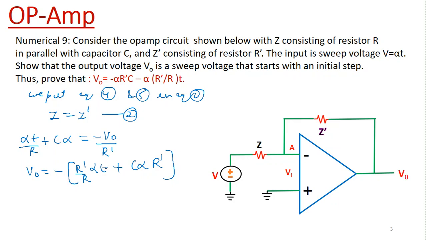Now we move this negative sign into the bracket. So output voltage VO is equal to minus R dash by R alpha T minus alpha R dash C. So this equation is the same as the equation we have to prove.